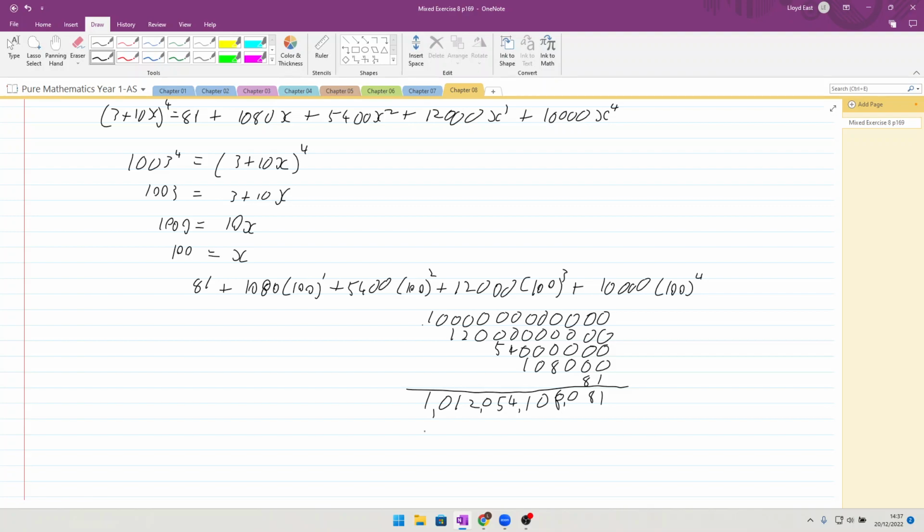Now, interestingly, if you did that on your calculator, you would be missing the 1 on the end of it, so they would know if you've done it on your calculator.